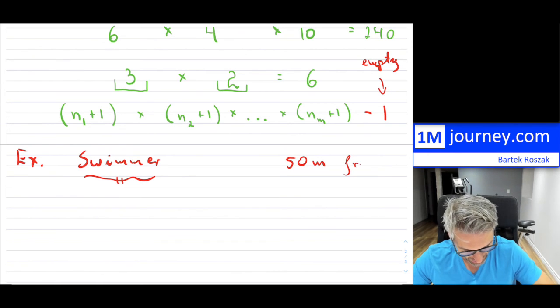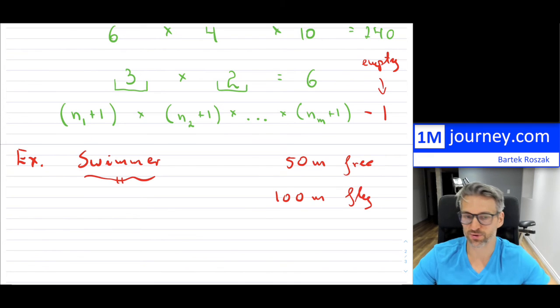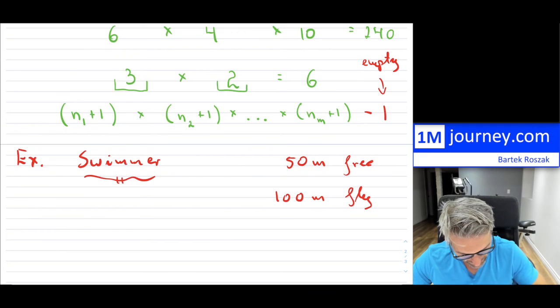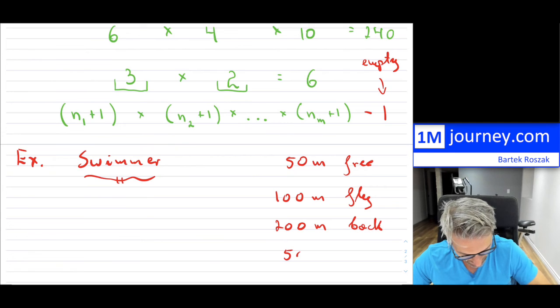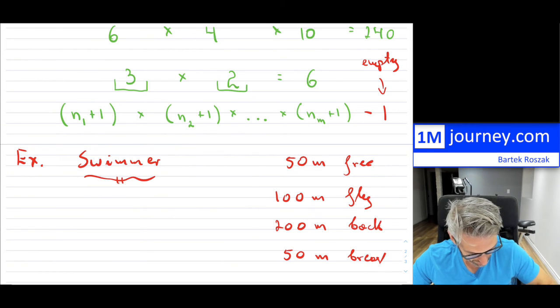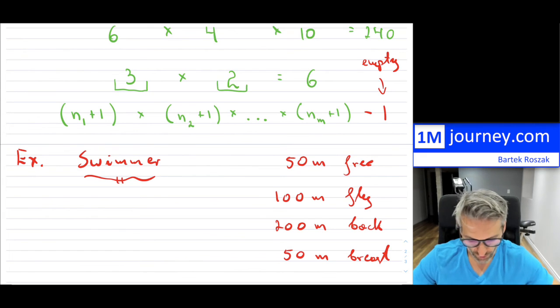Maybe it has a 100-meter butterfly, or fly. You may know something about swimming or not. It may have a 200-meter backstroke. And then lastly, maybe another 50-meter, which is breaststroke. So those are all the 4 different events.